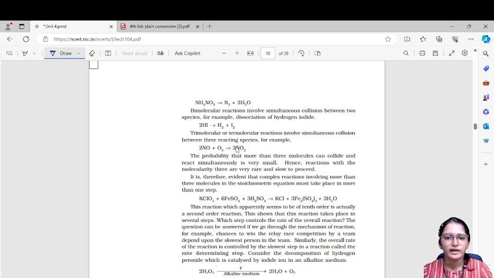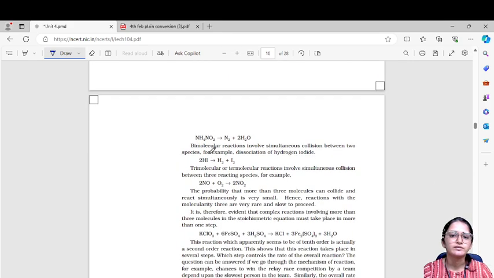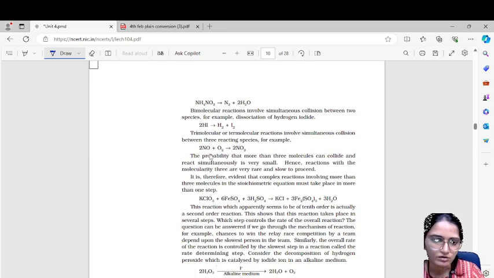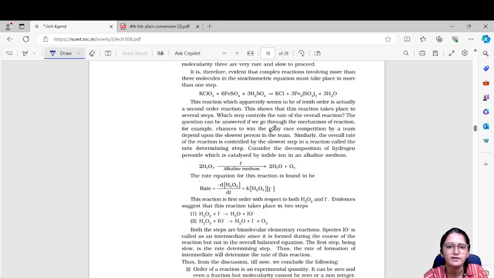So here NH4NO2 gives N2 plus H2O. So this is a bimolecular reaction having two molecules. Okay, so here this is about molecularity of the reaction, meaning how many species are taking part.